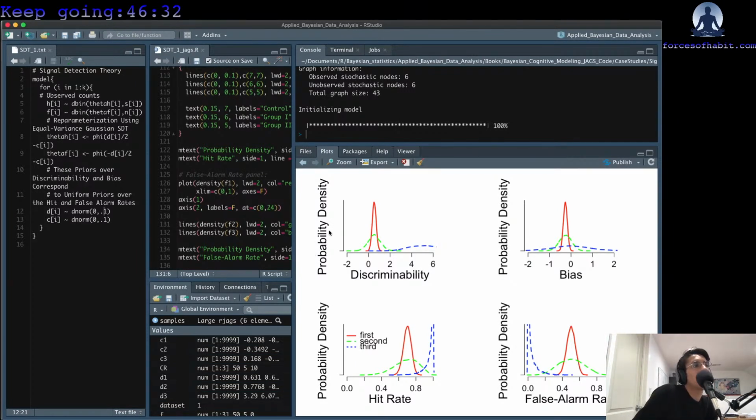What this is telling me is just how important it is to have information about what's not a hit, because in many cases for the posterior distribution for the third data set, where we have perfect accuracy, discriminability and bias are very sensitive to the prior.